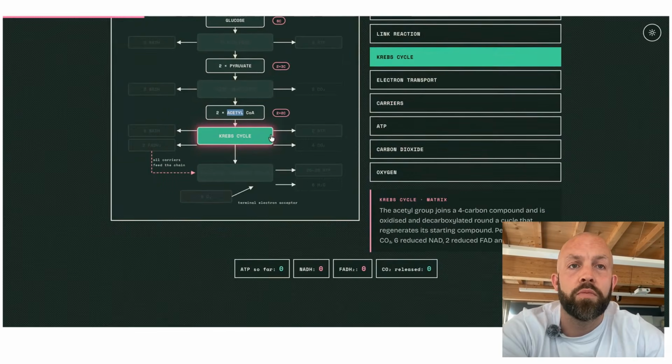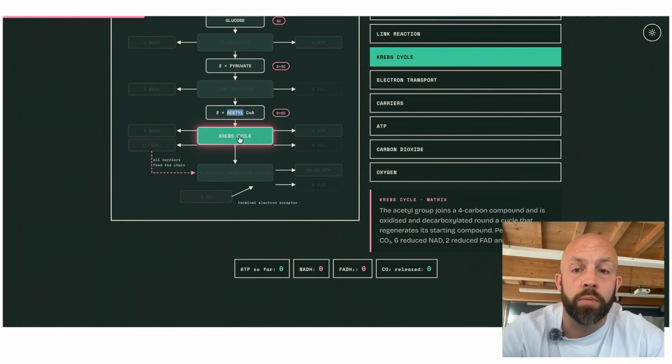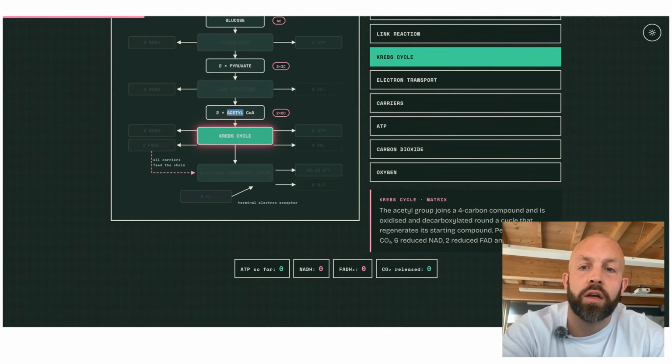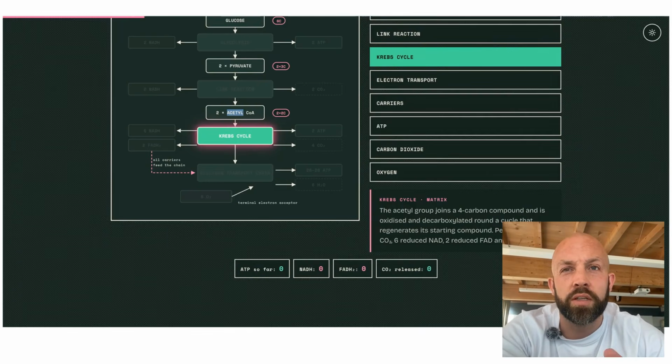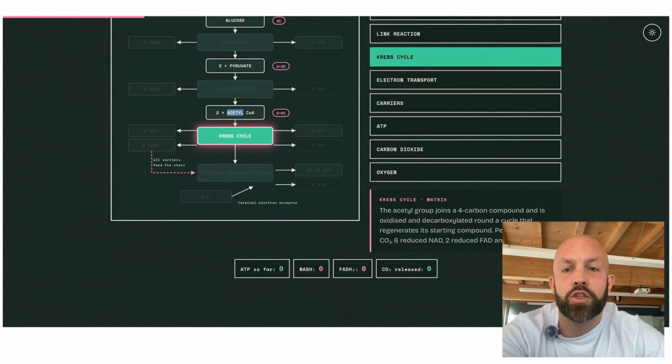Now we actually have to remember the 4-carbon compound at the end of the Krebs cycle that then gets joined with the 2-carbon compound. The way I remember it is oxaloacetate is our 4-carbon compound, and I remember it because I just think of a picture of an ox. And then citrate is our 6-carbon compound, and this is often referred to as the citric acid cycle.